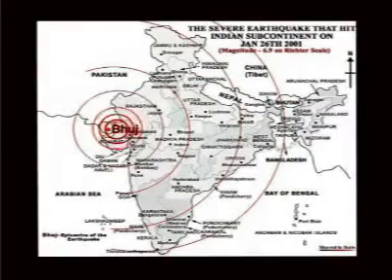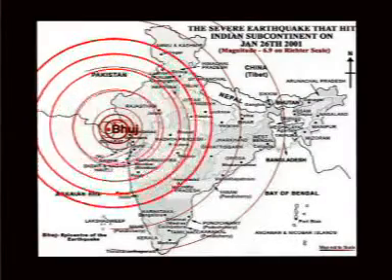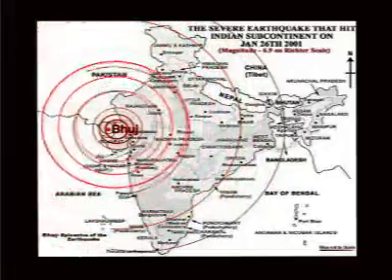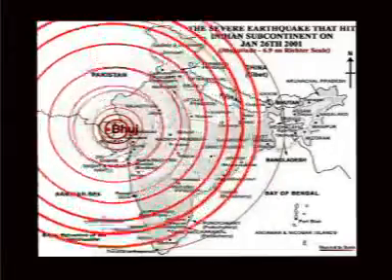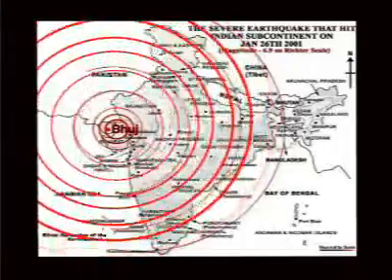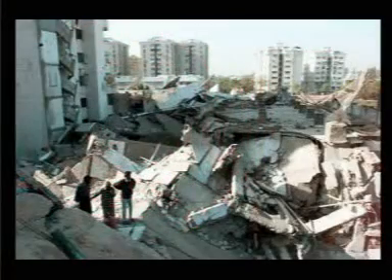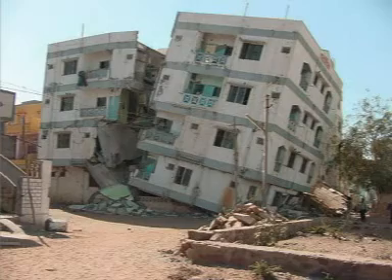Like for Bhuj, the damage was found as far as 800 kilometers away from the source. So, this whole area has to be studied for the damages, and then the intensities are assigned based on the damages.